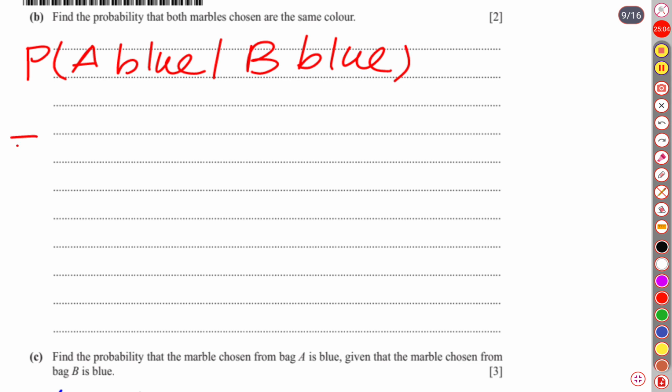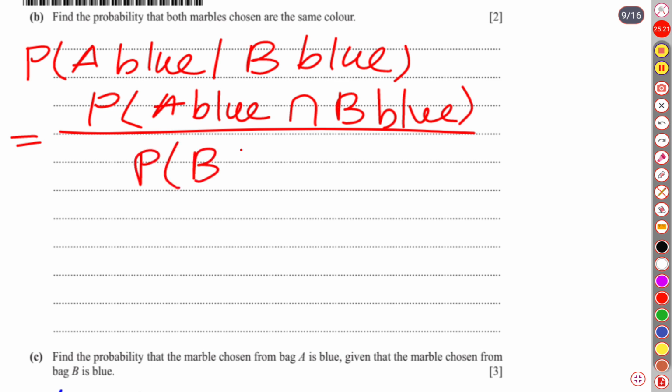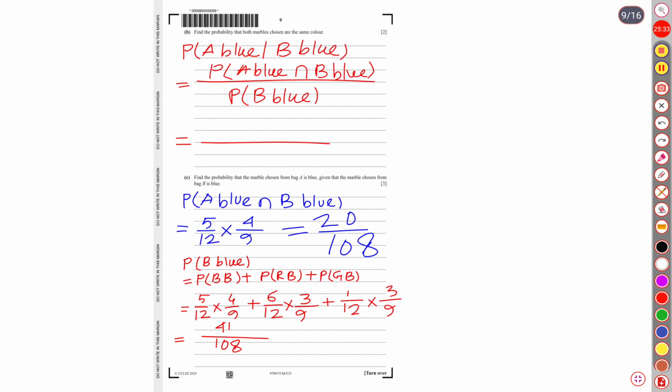If we apply the formula, it is bag A blue intersection bag B also blue marble, over probability of bag B blue. Okay, so the answer should be, already we have found the quantities. The first probability, when from bag A a blue marble is chosen and from bag B also a blue marble is chosen, is 20 over 108.